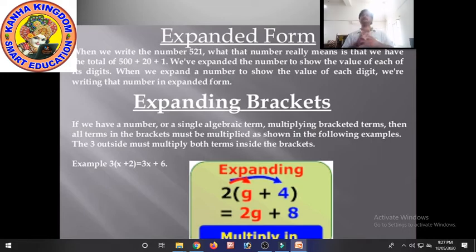The 3 outside must multiply both terms inside the bracket. So this is the example: 3 multiplied by, just make a bracket, x plus 2, bracket close.